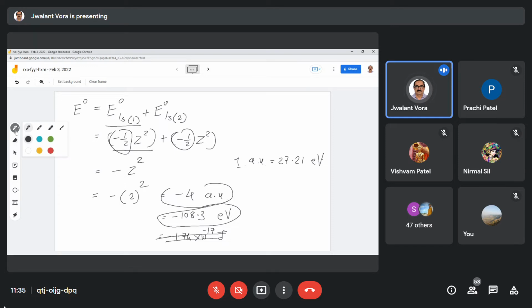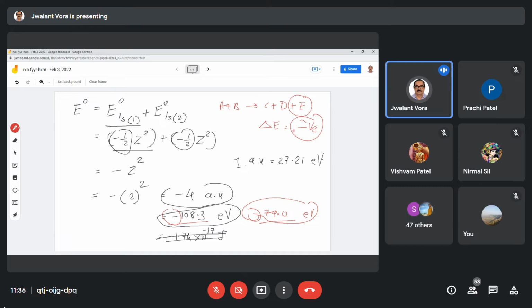In reality, the experimental value is minus 79.0 eV. Now you can see the difference. 108, do not consider this minus sign. Generally we write A plus B gives C plus D plus energy; if the reaction is exothermic, we write delta E as a negative value, right?